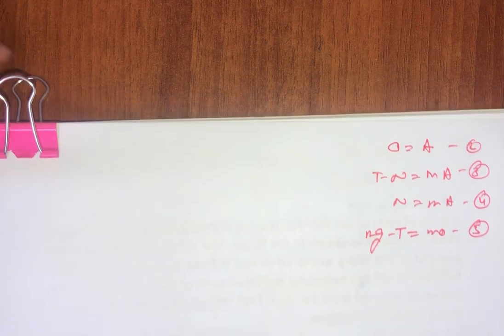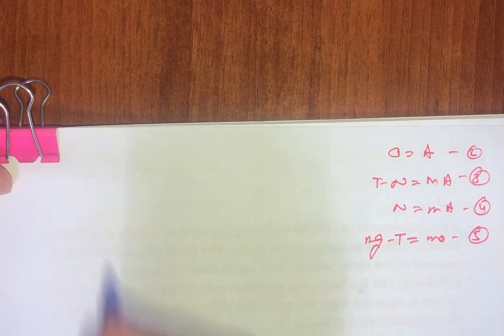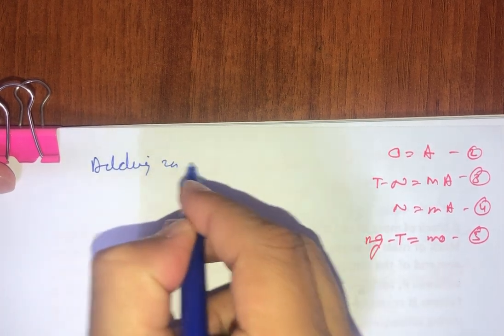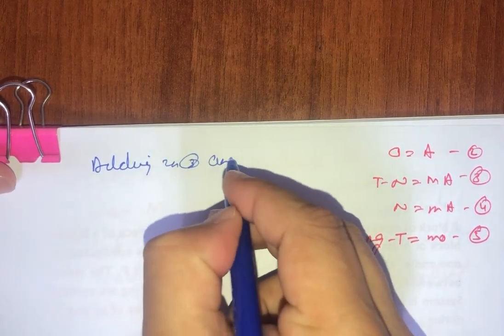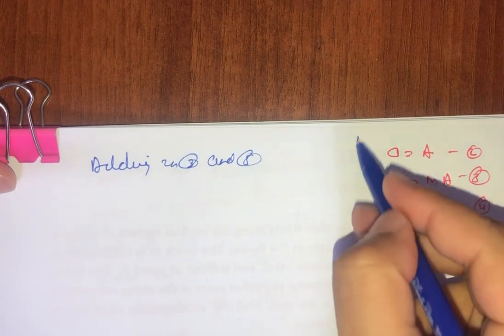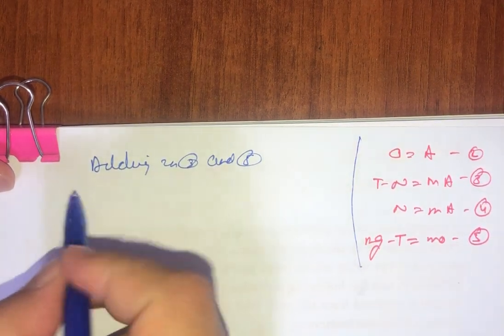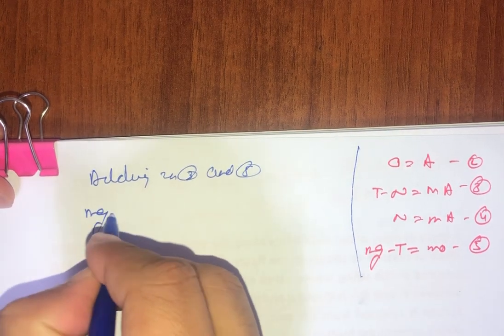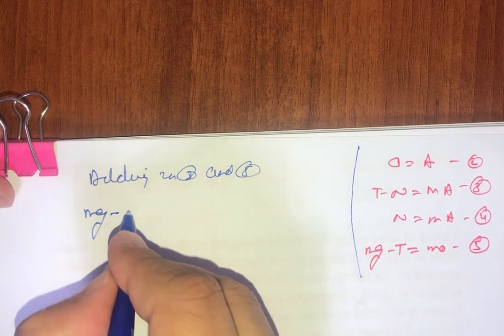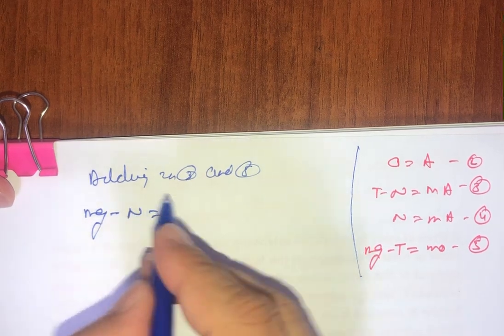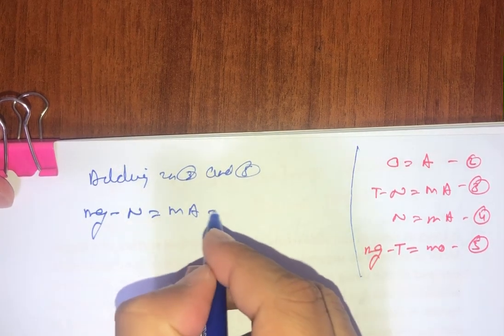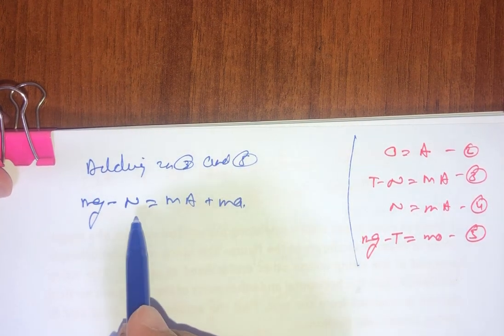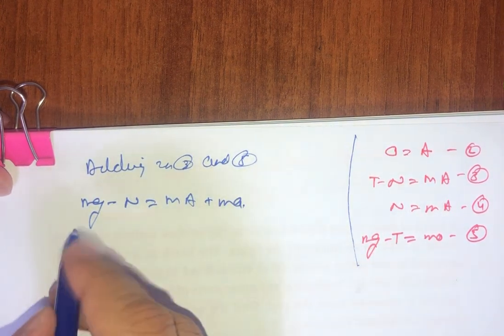First of all, let's add equation number 3 and 5. Okay. Adding equation 3 and 5. So if we add them, we get mg minus N is equal to Ma plus small ma, and now we put the value of normal from equation 4.